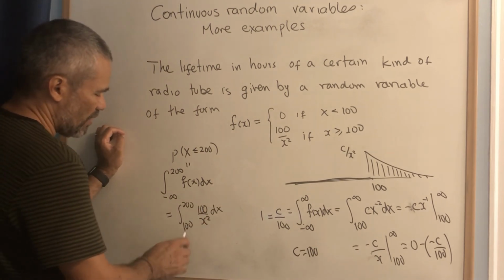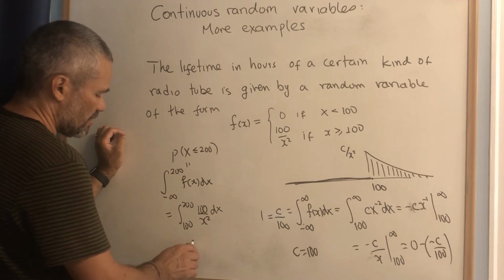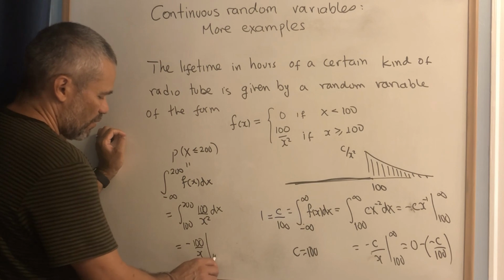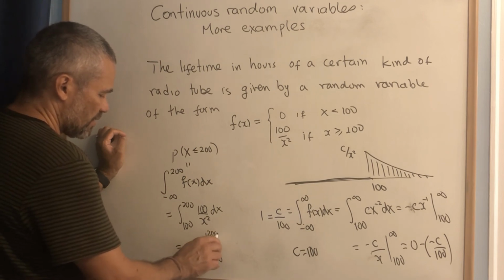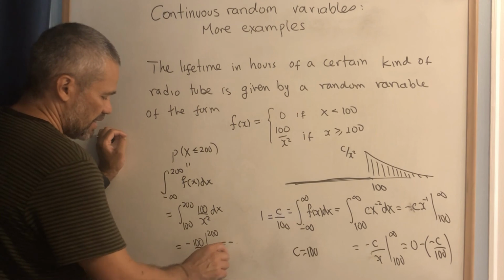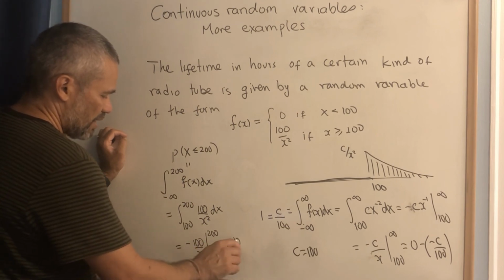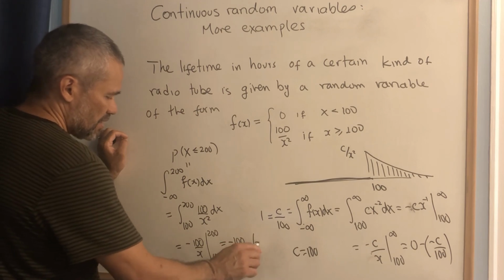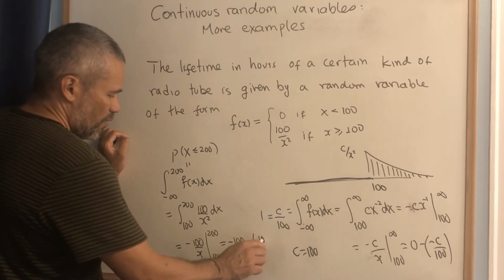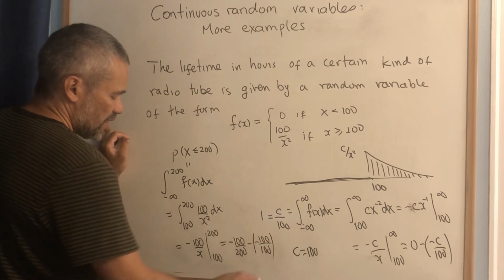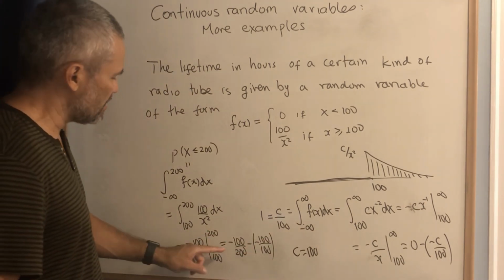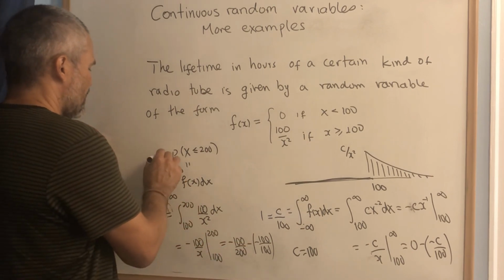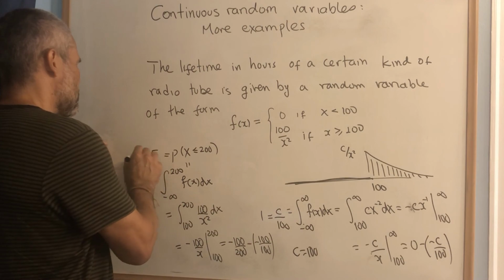This is equal to negative 100 over x between 100 and 200, which is negative 100 over 200 minus negative 100 over 100, and this is just 1 minus 1/2, which is 1/2. Then this probability is 0.5.